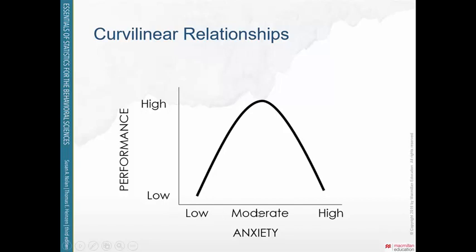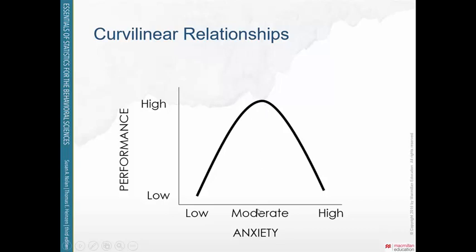But we also see that people who have very, very high levels of anxiety don't do well on tests. And these are people who have test anxiety, right? They come in, their mind goes blank, they can't think clearly, they can't answer the questions because they're too nervous. But it turns out that a moderate level of anxiety, those are people who tend to do the best on tests, right?